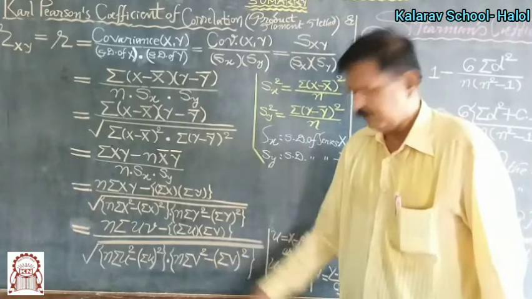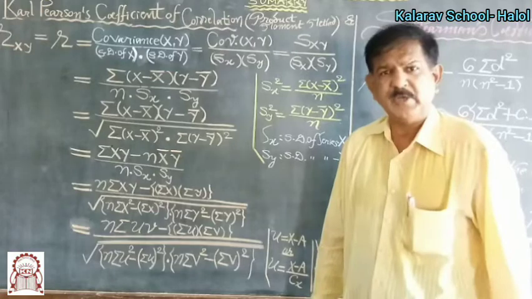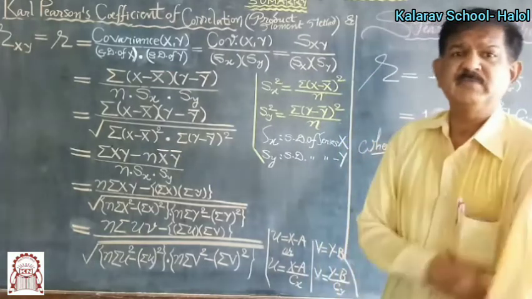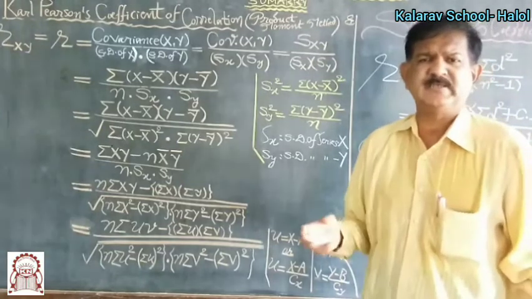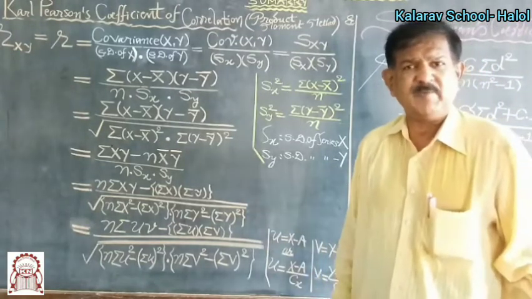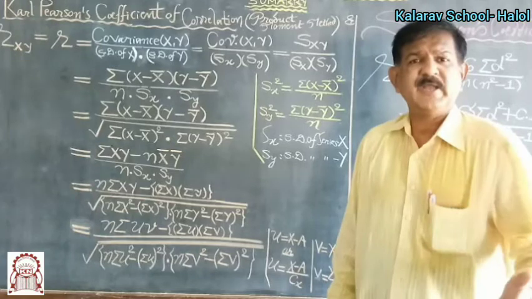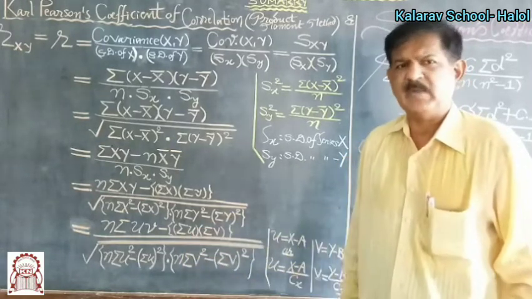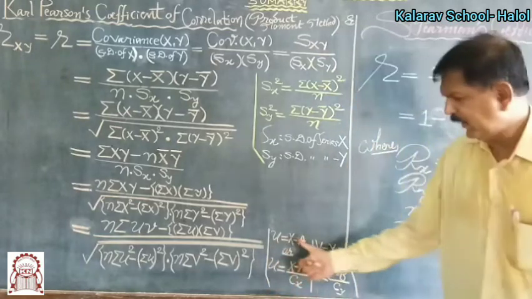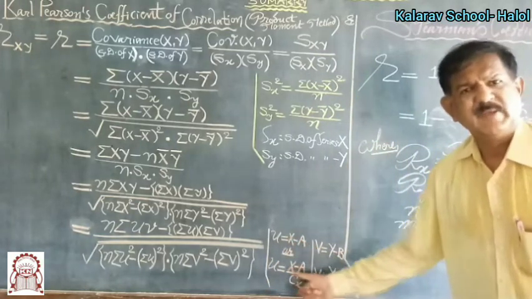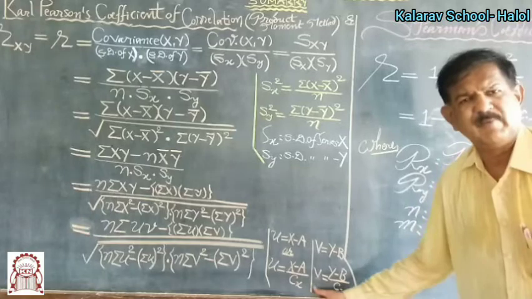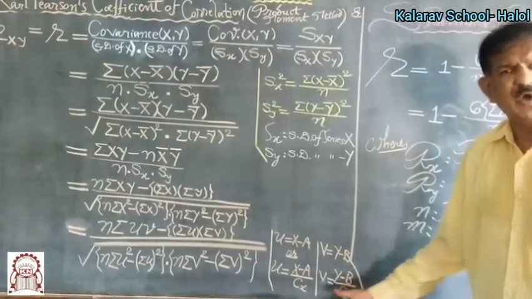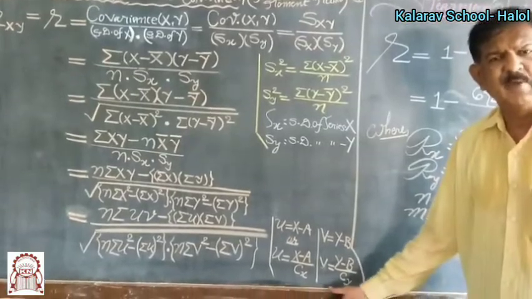The last one is also an important method, because if x and y are given in thousands, crores, hundreds, decimal points or fractions, then data can be reduced in the UV form in place of x and y, where u is x minus a or x minus a upon cx, cx is the common factor of x, and v stands for y minus b or y minus b upon cy, the common factor of y.